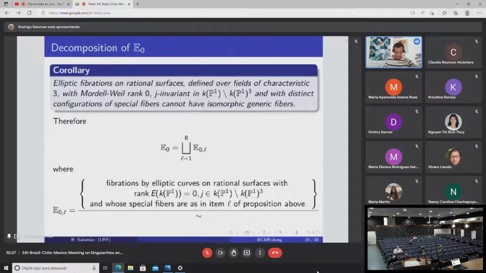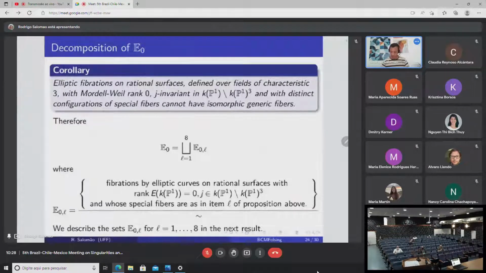So if you consider E0L like this one, we can describe precisely the pencils that realize the equivalence classes generating this set.